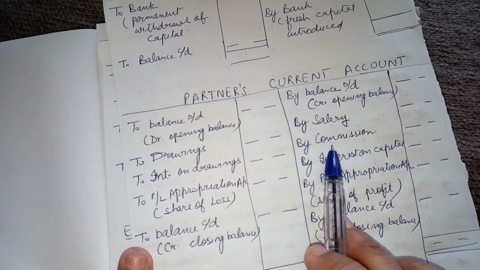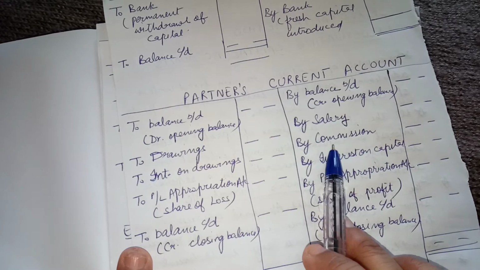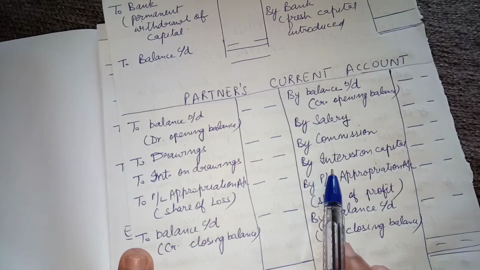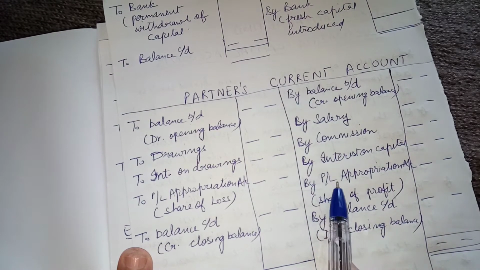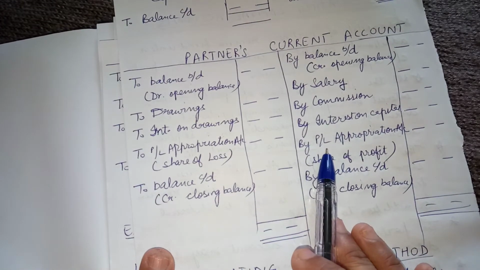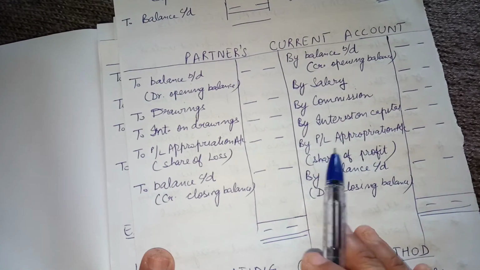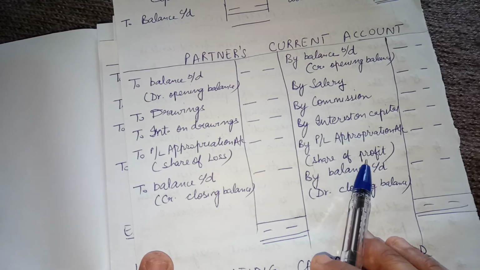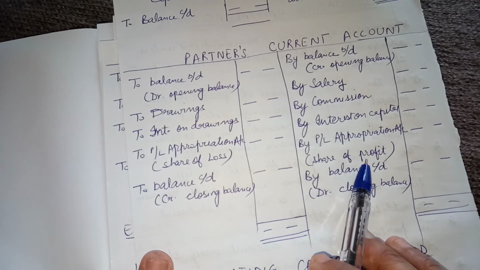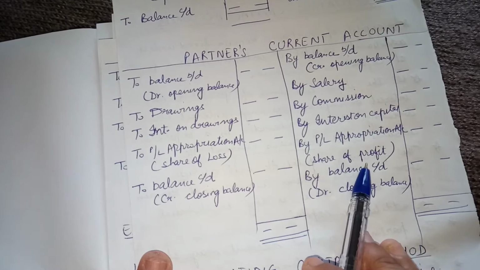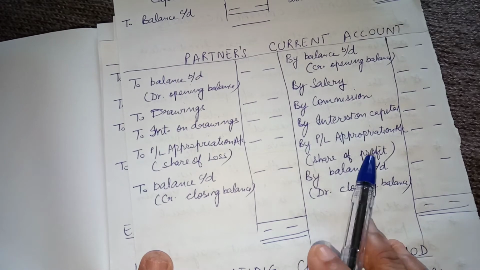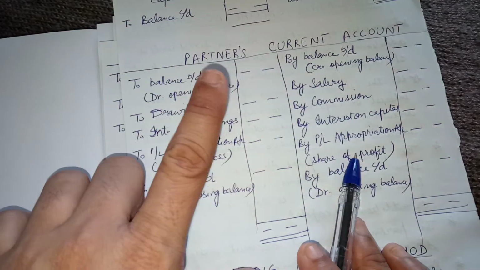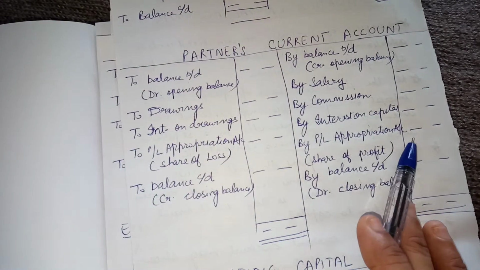Then by commission, if any commission he is to receive, by interest on capital if there is a provision. Then by profit and loss appropriation account, the share of profit, if there is a profit, the balancing figure, the share of the profit of that particular partner will be entered here.